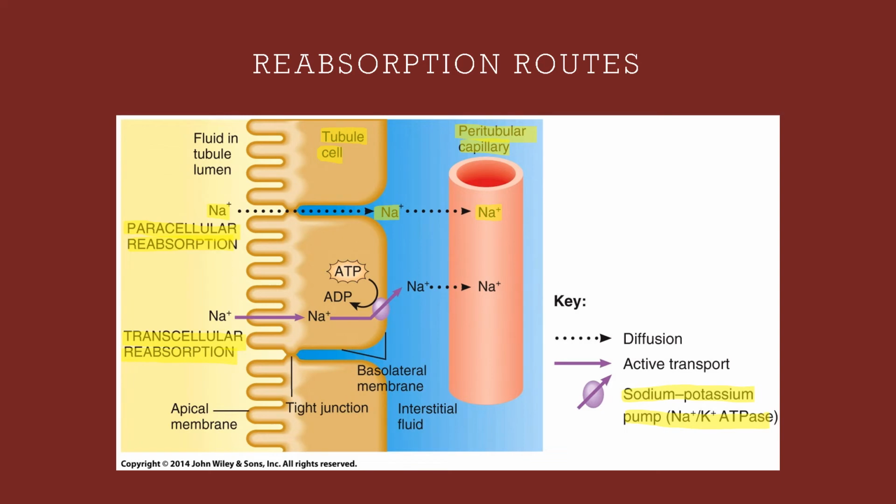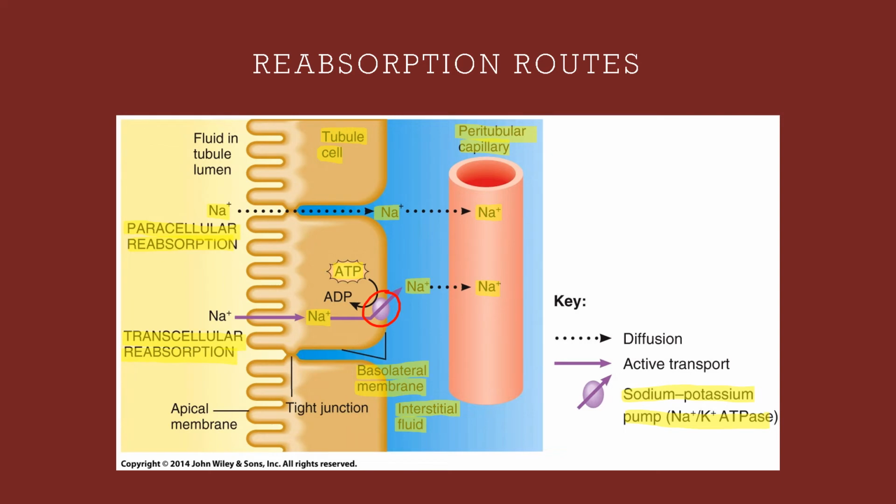Now these are only found in the basolateral membrane, you can see here. So this is a form of active transport. It requires ATP. And it allows the ejection of sodium into the interstitial fluid, which is then diffused into the peritubular capillary.